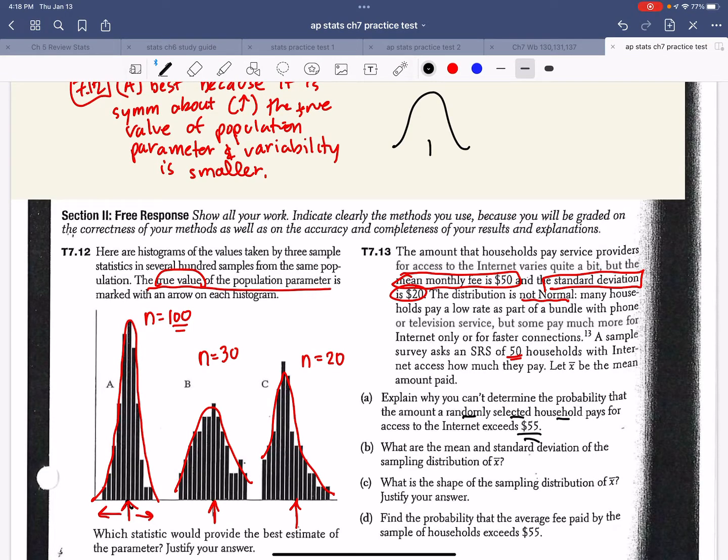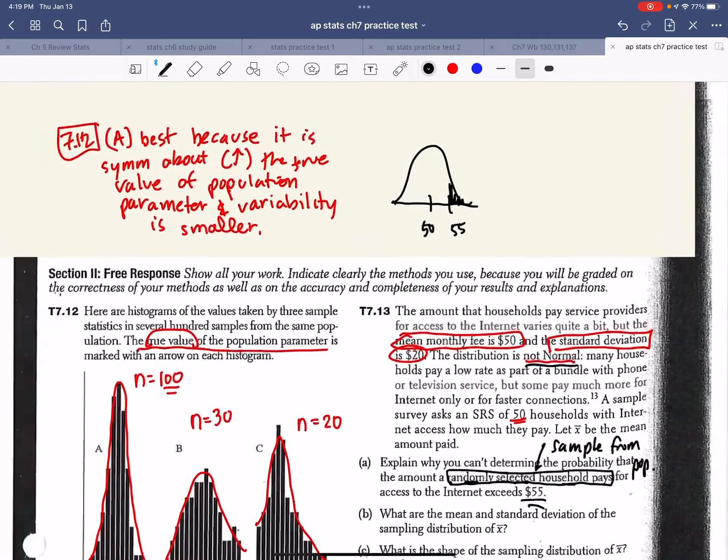All right, so if the mean is 50 and they want me to figure out the area under the curve this way, then why can I not determine that out of not a sample, but just a randomly selected household? This is a sample from the population. I can't use normalcdf because the population distribution is not normal. So maybe this is skewed right.